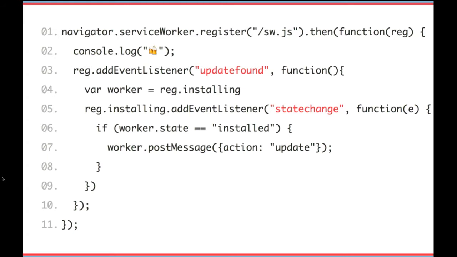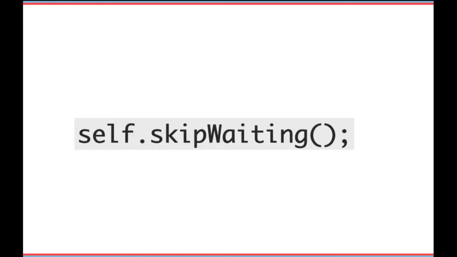In fact, we can listen for that one to be ready to be activated as well. So you can listen to the state change event, and when that state change event goes off, if the worker is now installed, we can maybe go tell the worker to do something. And this is where that skip waiting comes in. In fact, the service worker itself has a method, skipWaiting, which will allow it to replace the existing service worker.